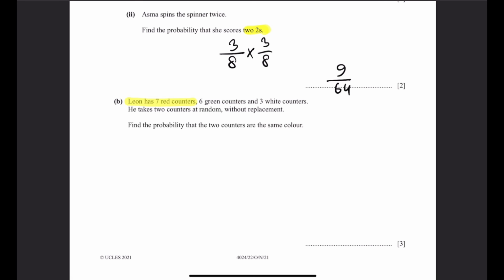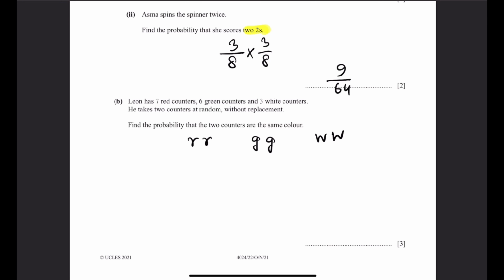Leon has 7 red counters, 6 green counters, and 3 white counters. There are 16 counters. He takes 2 counters at random without replacement. The 2 counters are of the same colors: red, red, then green, green, then white, white.